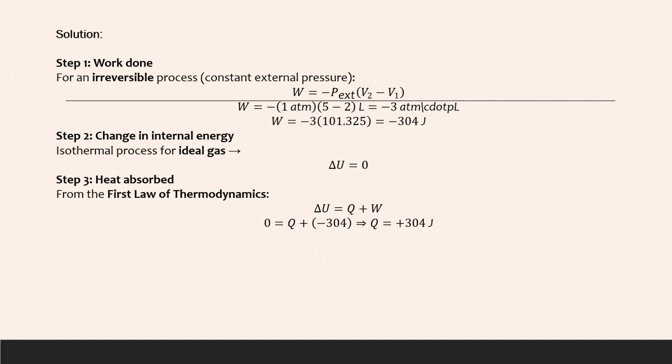Now solving the question, the work done for an irreversible process is given by W equals minus P of V2 minus V1, where V is volume, P is pressure. The work done found using the above equation is minus 304 joules.